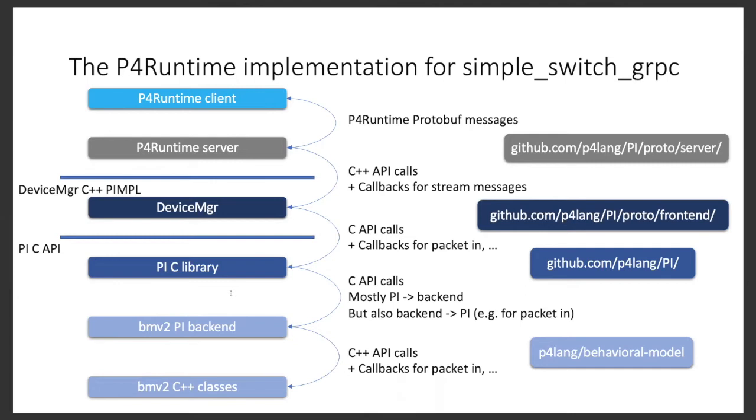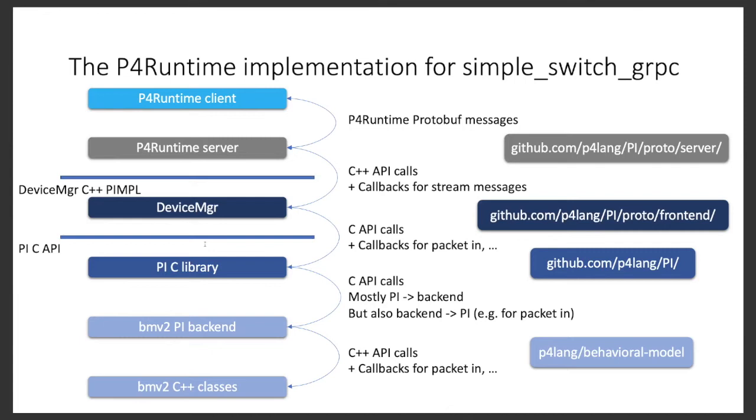And all of this, which is P4 Runtime, was built on top of the PI C library when it comes to implementation. So the device manager implementation is going to be in charge of transforming the P4 Runtime messages into standard C API calls.